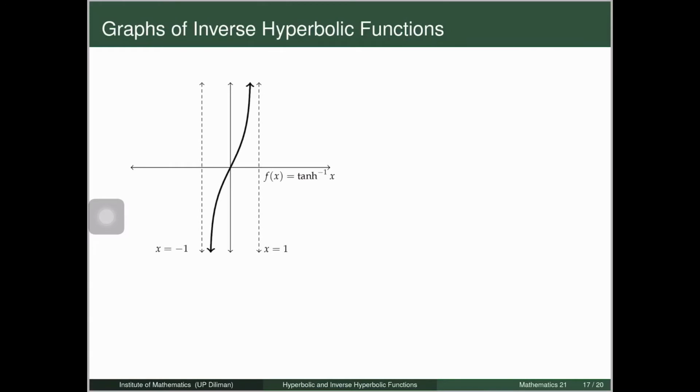So here's the graph of tanh inverse x. So the limit of tanh inverse x as x approaches 1 from the left ay equal sa positive infinity. So what if you are to evaluate yung limit ng tanh inverse x as x approaches 0 from the right? So ang sagot ay 0.